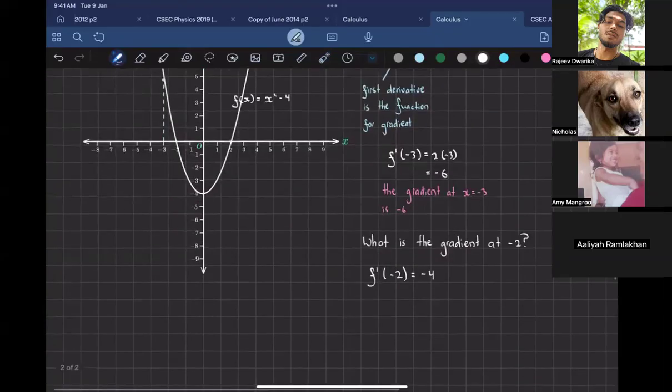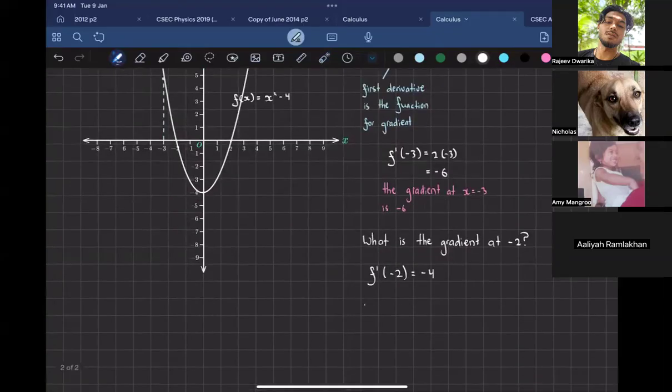What is the gradient at x is equal to minus a half? Nicholas, I want you to tell me, what is the gradient at x is equal to minus a half?